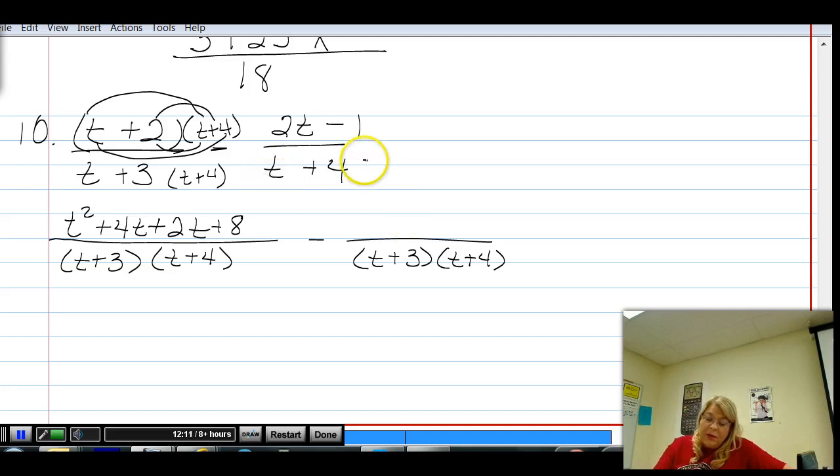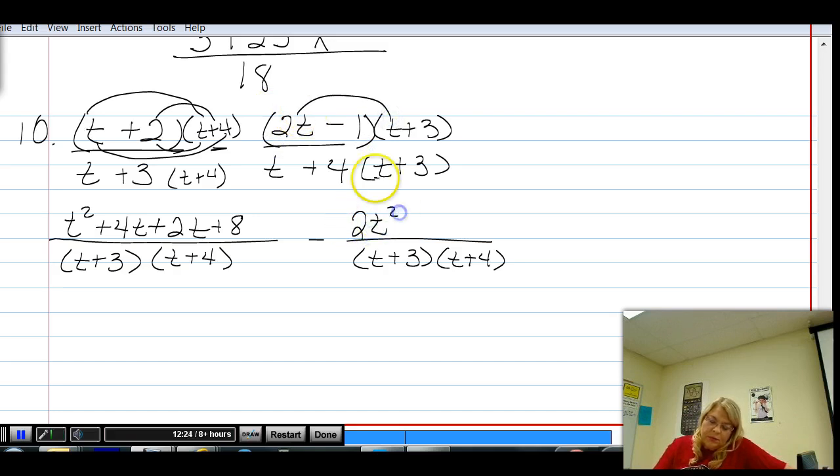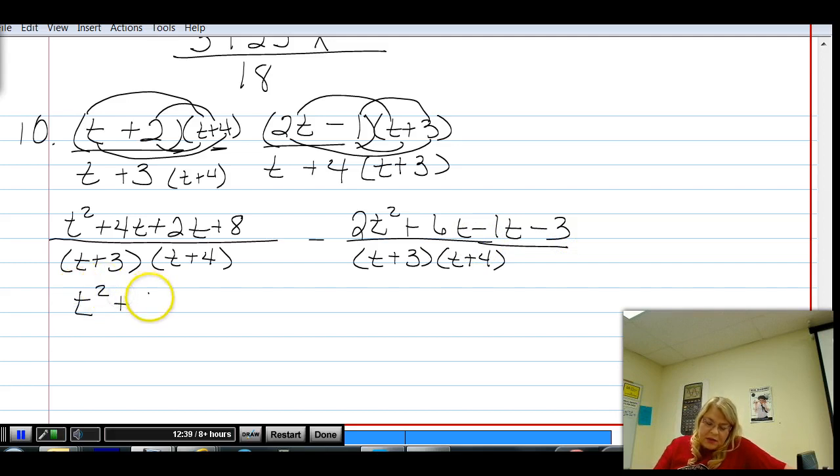This one had the t plus 4. It needed the t plus 3. When I FOIL this out, I get 2t squared plus 6t minus 1t minus 3, which gives me t squared plus 6t plus 8 minus the quantity of the second numerator.